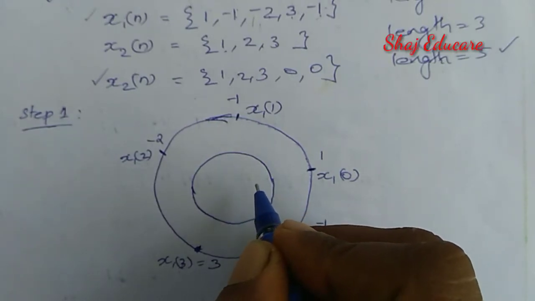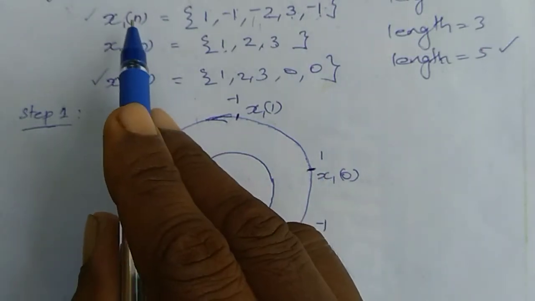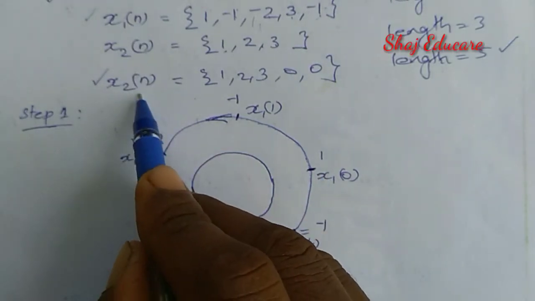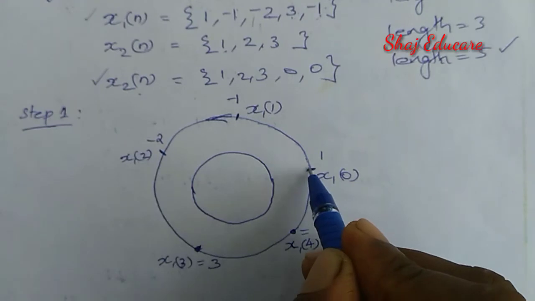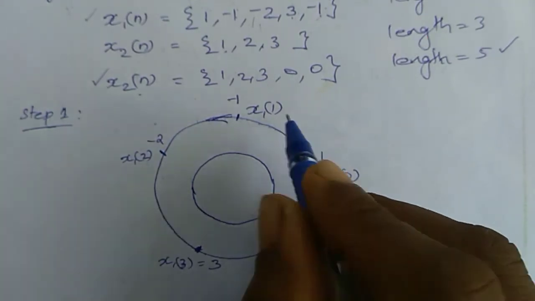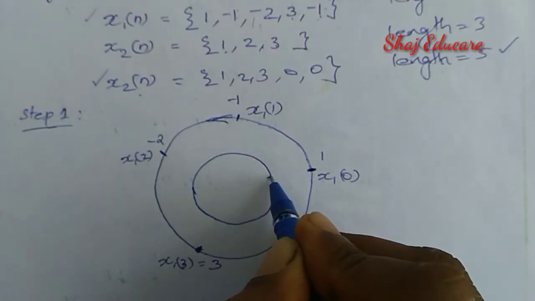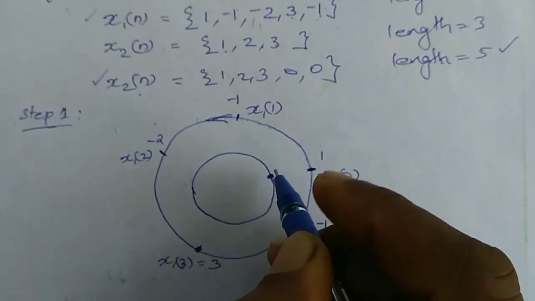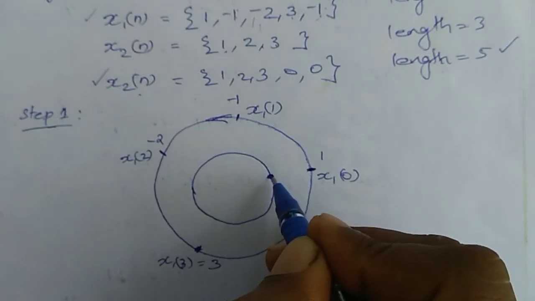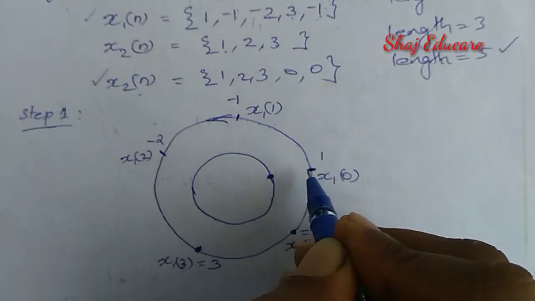and care should be taken that the starting points of both x1 of n and x2 of n should be the same. Means I started putting the values of x1 of n from this side, so I must start the labeling from this side onwards.